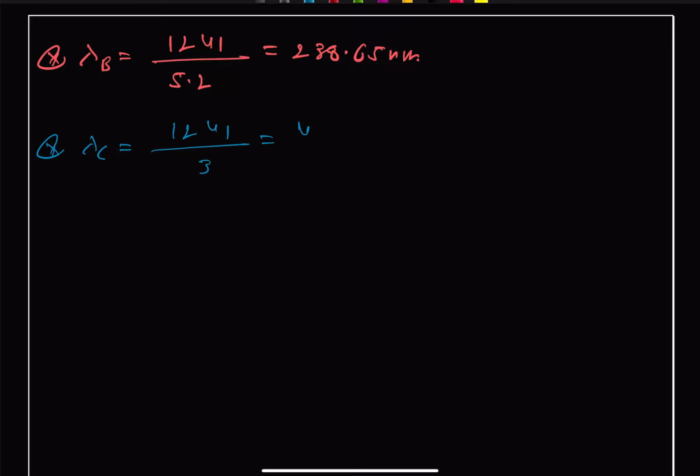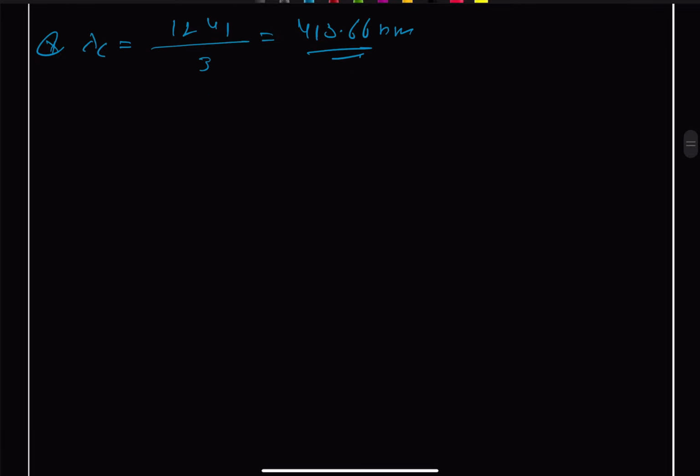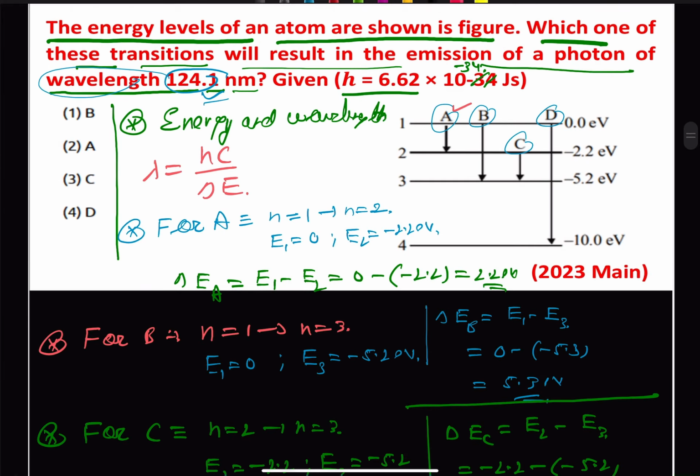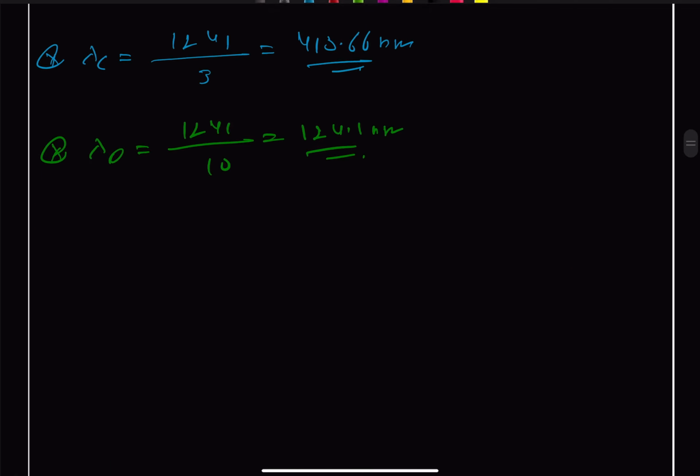This will give us 413.66 nanometer. And finally D. Lambda D is equal to 1241 divided by 10. This will obviously give us 124 nanometer. So therefore option D is correct. Option 4 is correct rather.